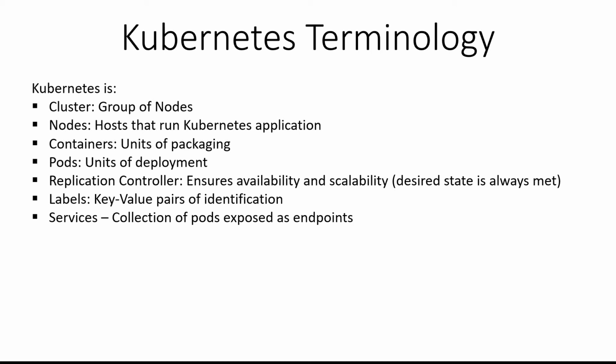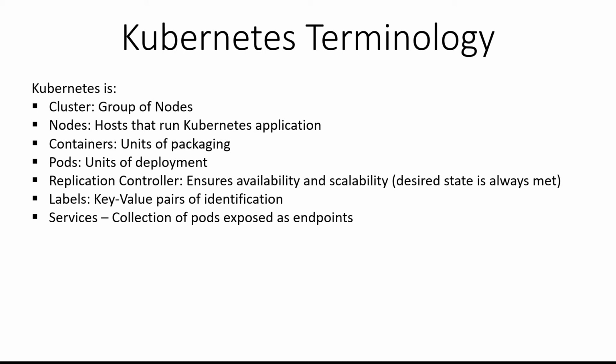Replication controller. From the name itself, it ensures that your availability and scalability requirements are met, especially your desired state. In Kubernetes, you need to tell what your desired state is. It's nothing but your requirement, and you tell it in the form of YAML.